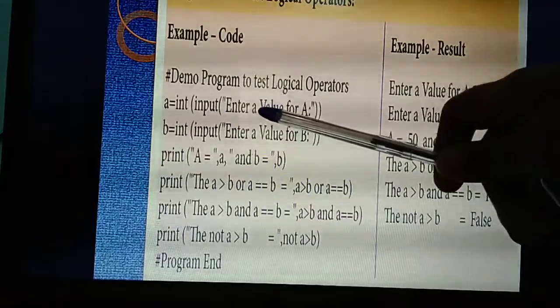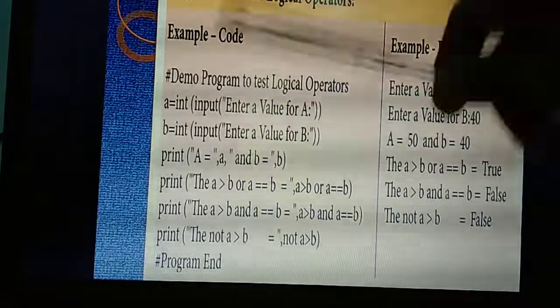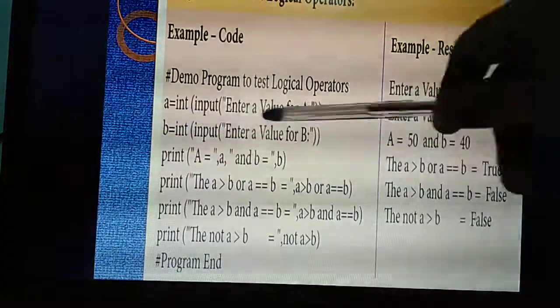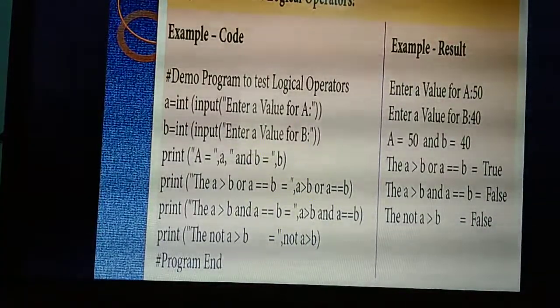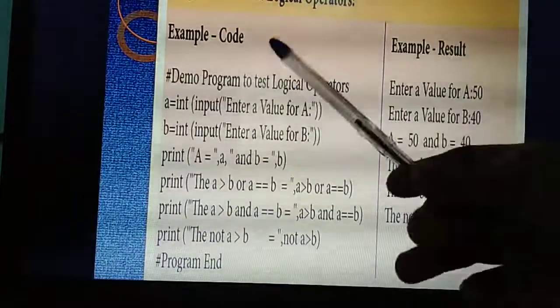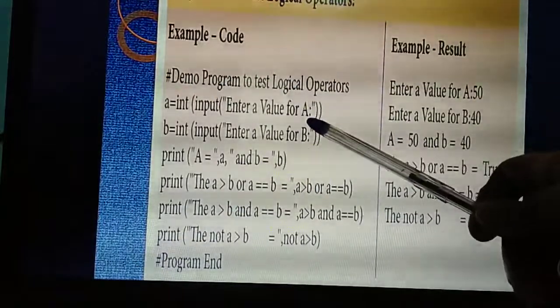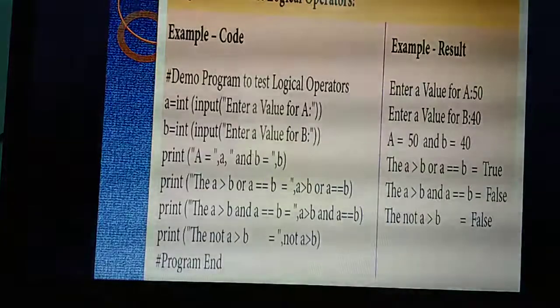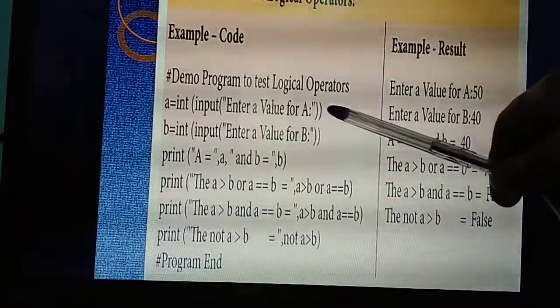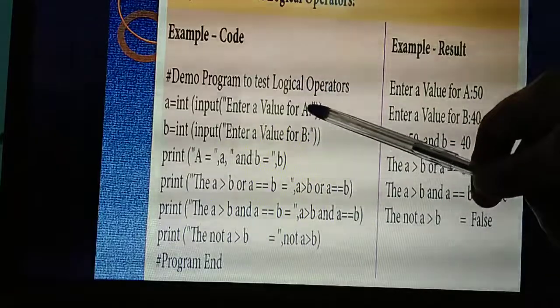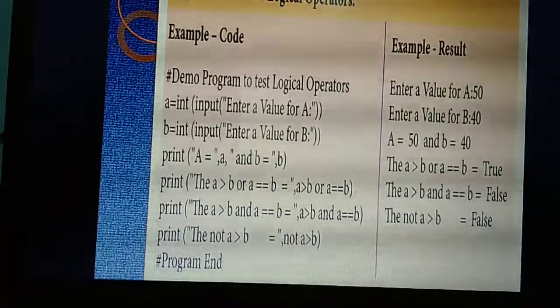This one: enter the value of A. Small letter a I am assigning this input function. So I am going to assign the value of capital letter A to small letter a. Why? Because of the value I have entered here. So the value of capital letter A I need to assign to small letter a.